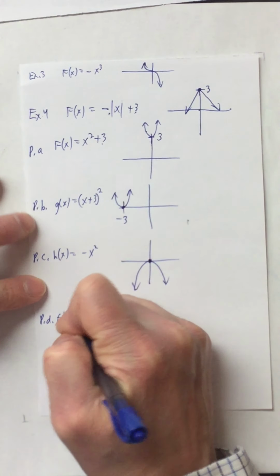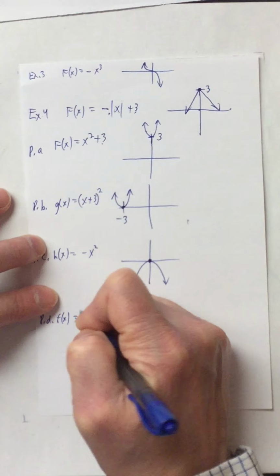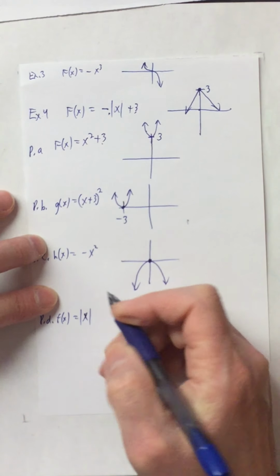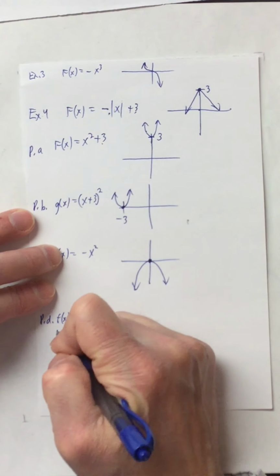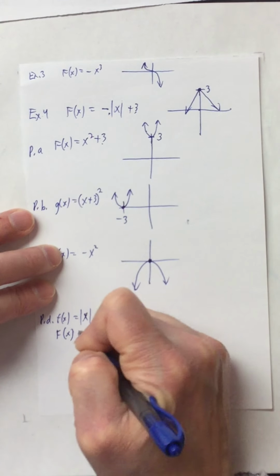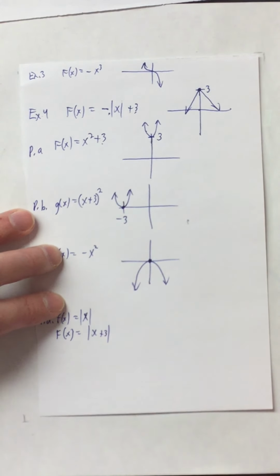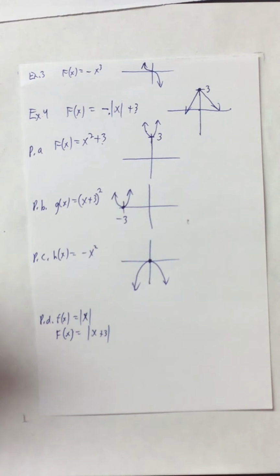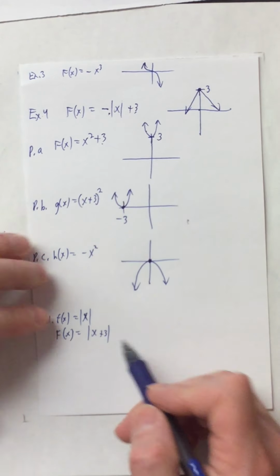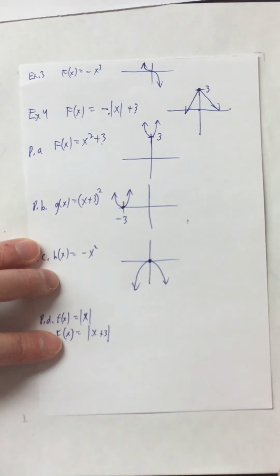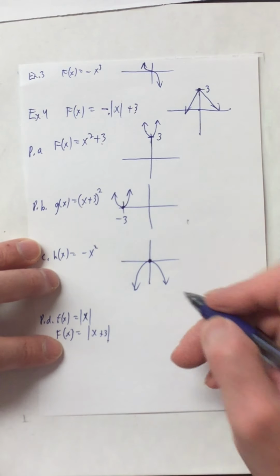Alright, and lastly, practice problem D. We have f of x is equal to absolute value of x, and f of x is equal to x plus 3 absolute value. Which of the following statements is true? Okay, so looking at this guy here, let's graph it first and then we'll compare that to what's going on.